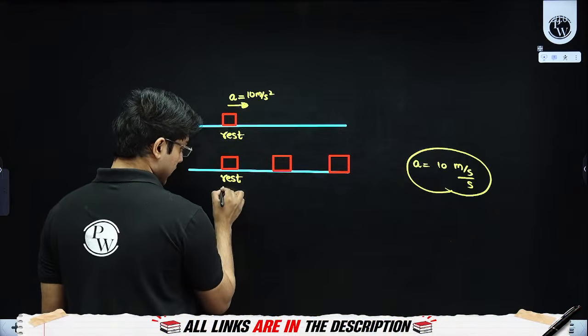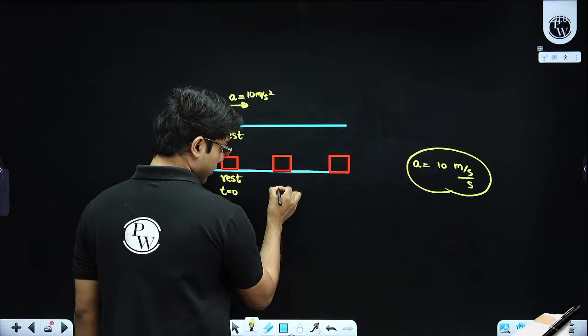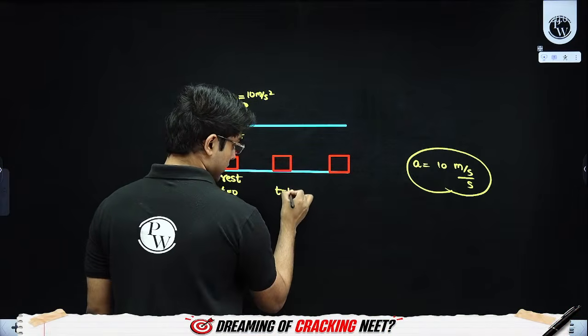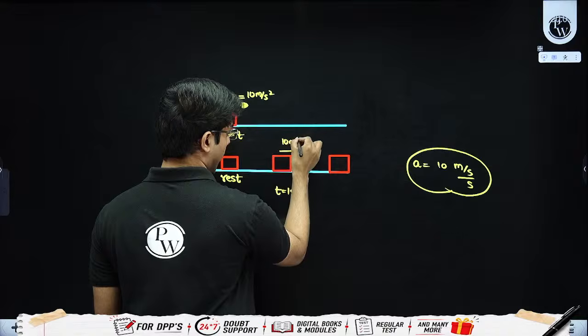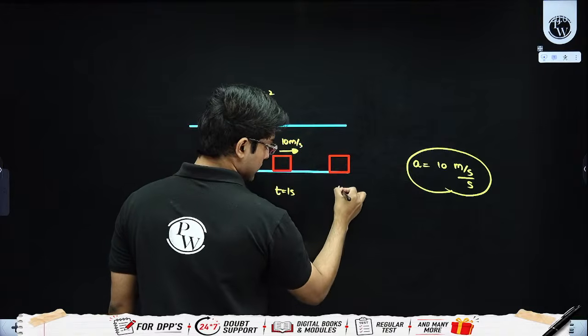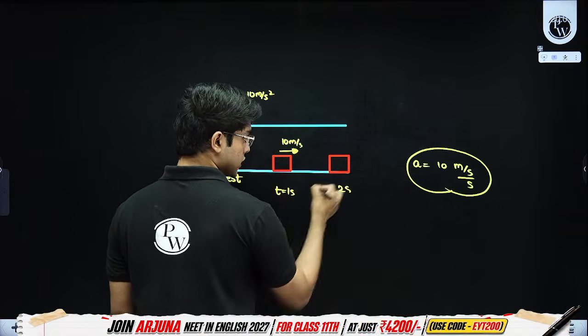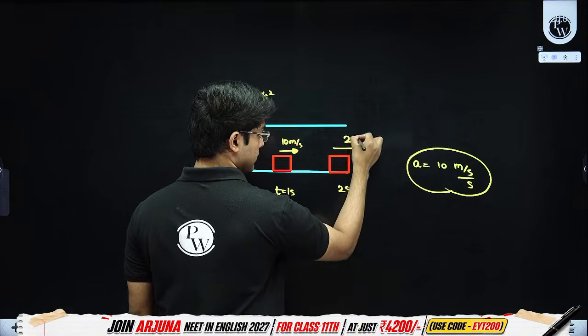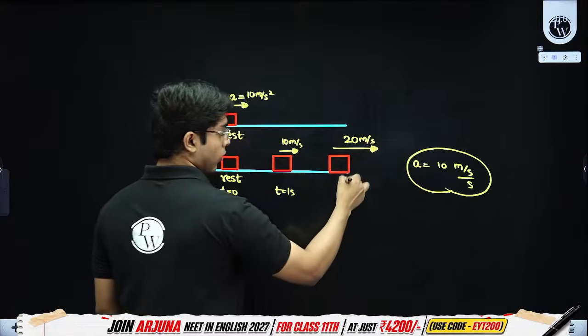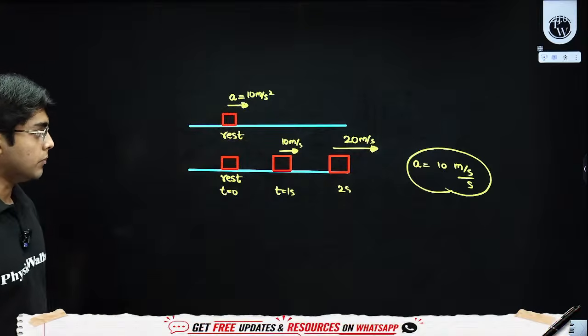So this is at the start, t equal to 0. After 1 second, the speed will be 10 meters per second. After one more additional second has passed, the speed will be 20, 10 plus 10. At 3 seconds it will be 30 and so on.